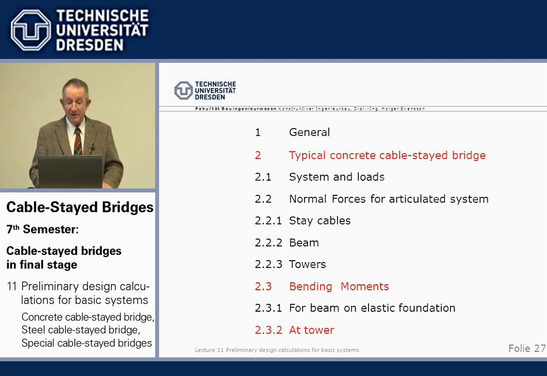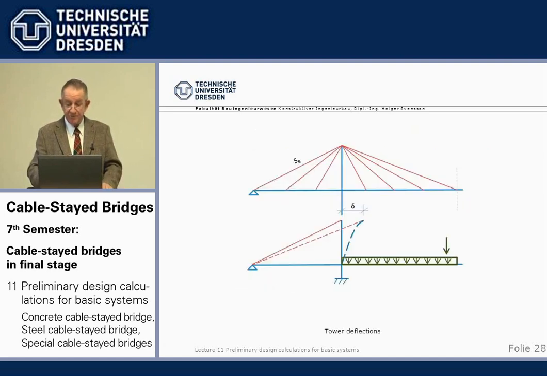Now we come very briefly to the tower moments. I've shown you how to calculate the beam moments. The tower moments are basically governed by the deflection of the tower head from live load in the main span.